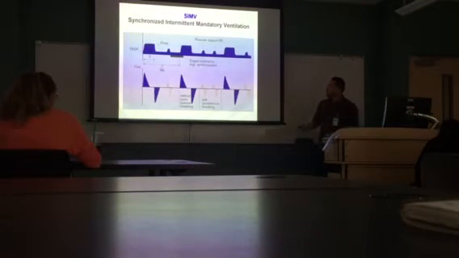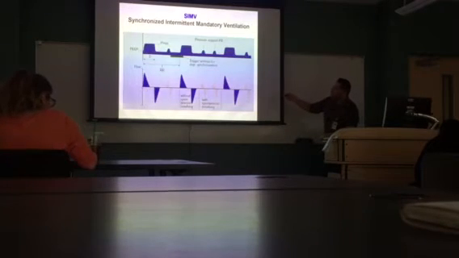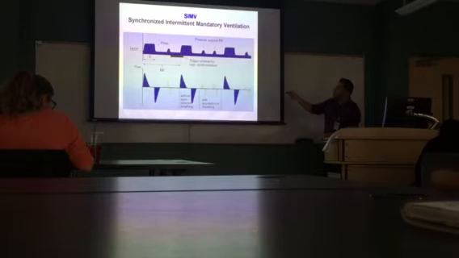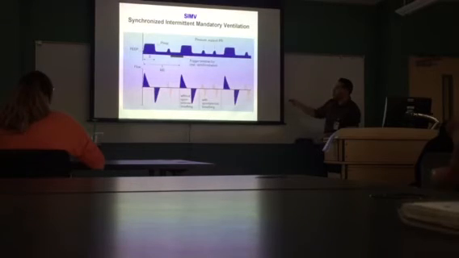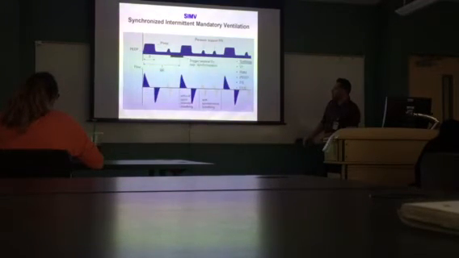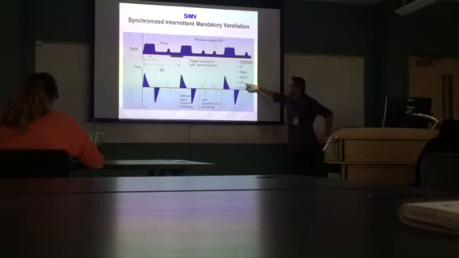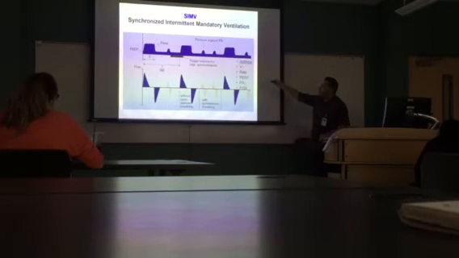There's a picture of SIMV. Here's the mandatory breaths, the big ones obviously, but in between the big ones, the person can breathe spontaneously, and I'm helping them out with some pressure support. So the settings are, everything's the same, except now I've added pressure support to those spontaneous breaths.